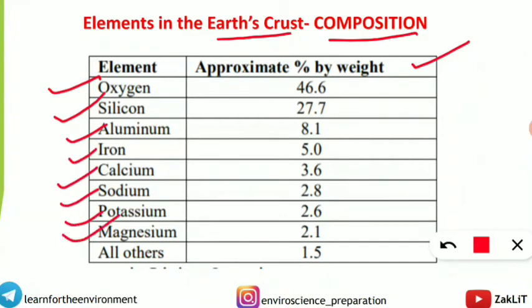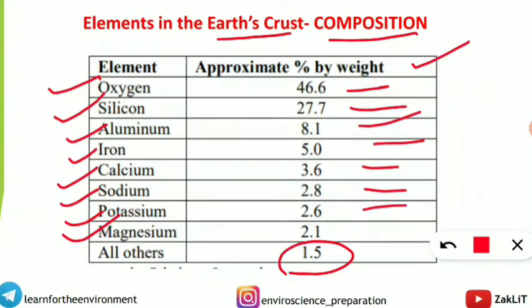Eighth, magnesium, and all other elements come to about 1.5 percent by weight. So maximum is oxygen at approximately 46.6%, silicon 27.7%, aluminium 8.1%, iron 5%, calcium 3.6%, sodium 2.8%, potassium 2.6%, and magnesium 2.1%. So you should make this table and remember these things.